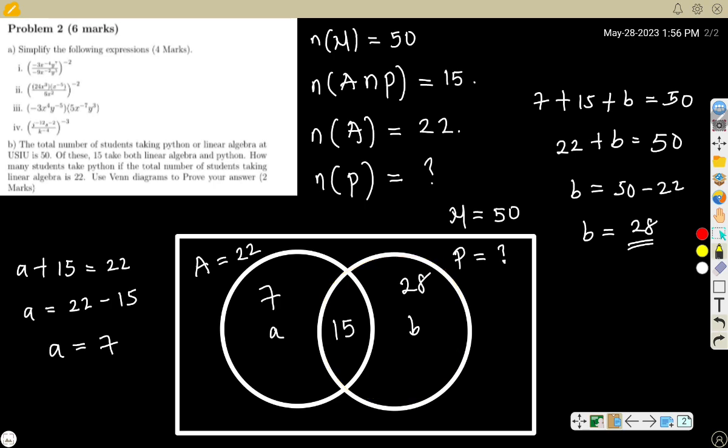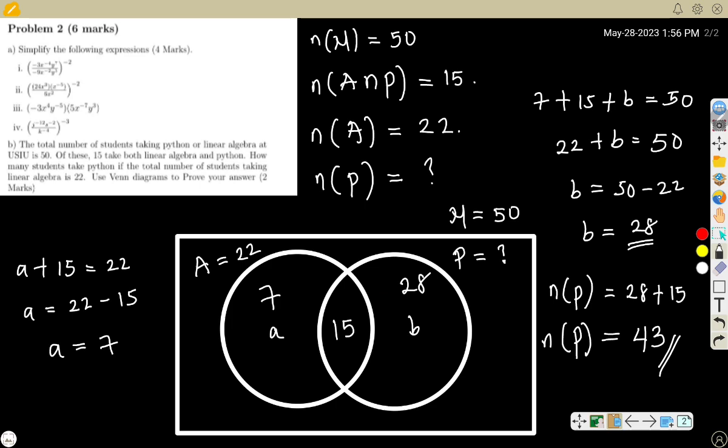So the number of Python is 28 plus 15. So add it together, that is 43. That is the answer. But if it is number of Python only, that is 28.